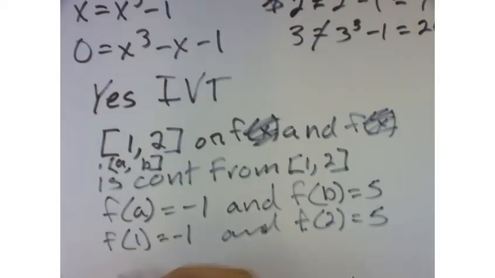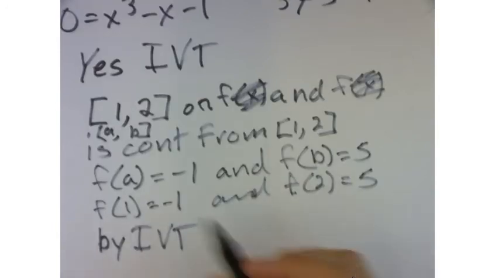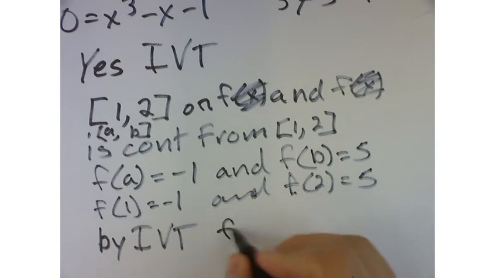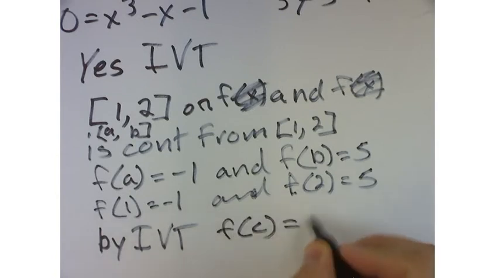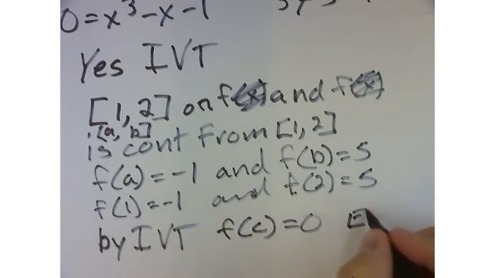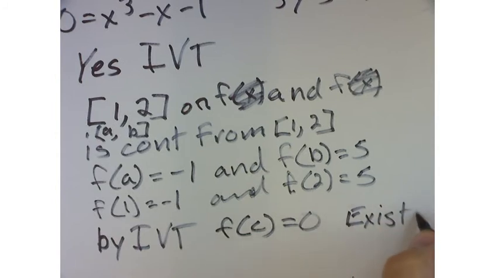So by IVT, because what we're saying according to the IVT is this. We're looking for f of c equals 0 to exist.